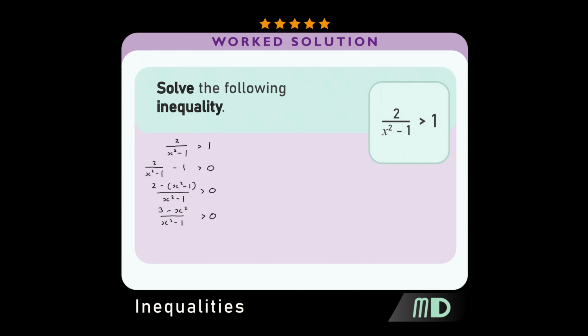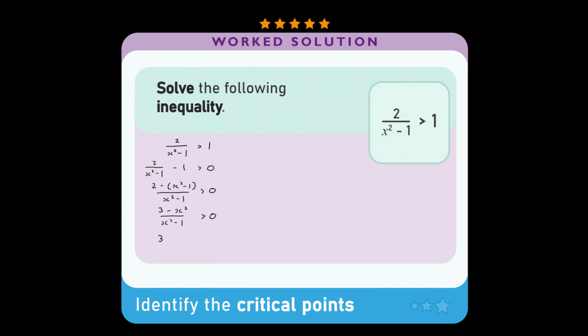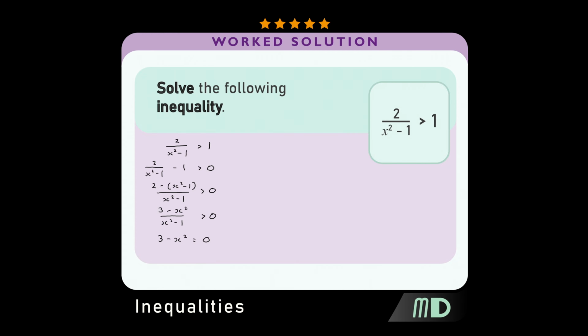Setting the numerator equal to 0 gives us 3 minus x squared equal to 0. Adding x squared to both sides gives us x squared equal to 3. So x is equal to plus or minus root 3.